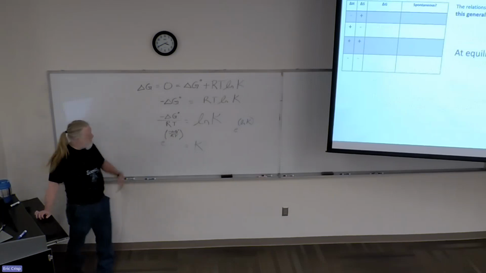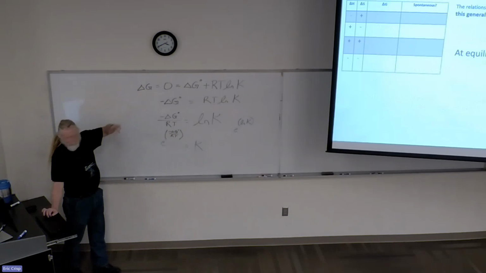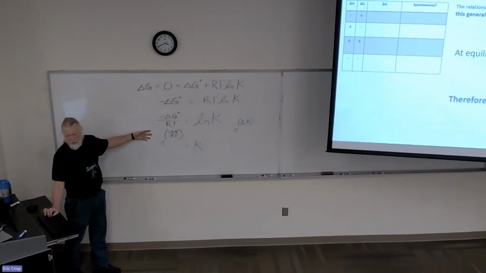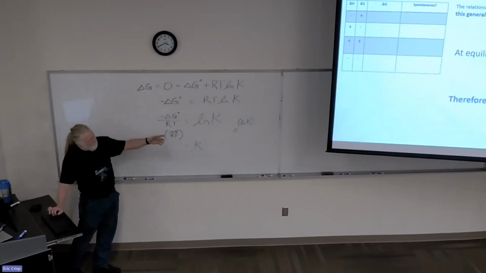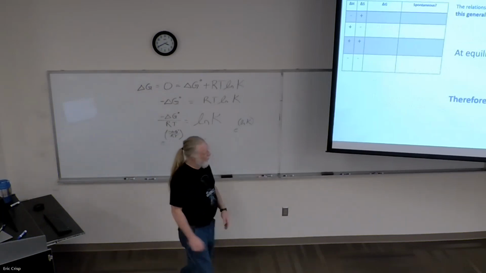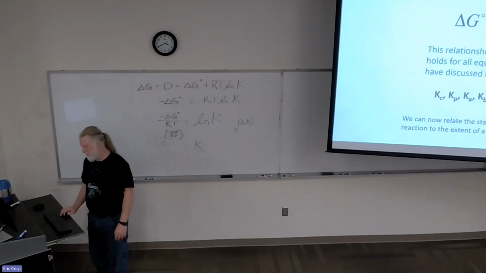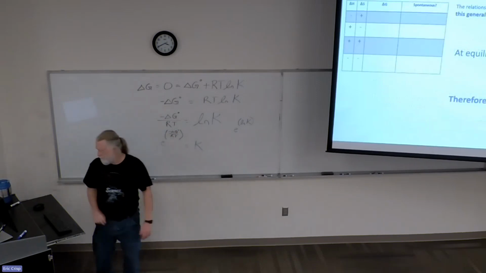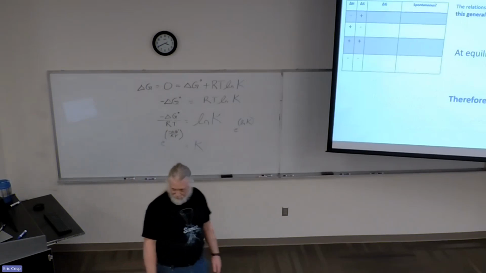All right, so this is what we just did right here. We worked through it step by step, but it's all right here on the slide: negative delta G naught equals negative RT ln K. Okay? Make some sense?